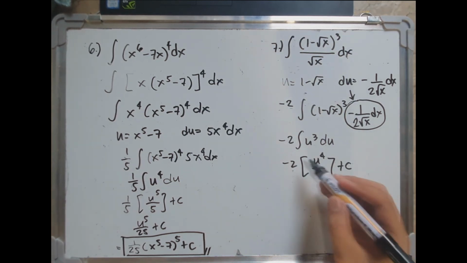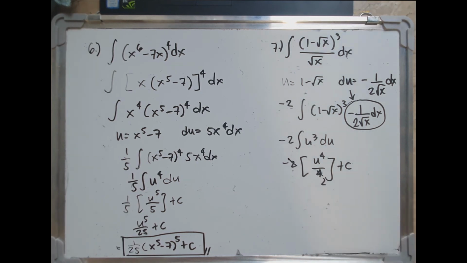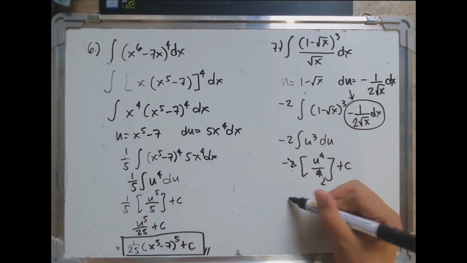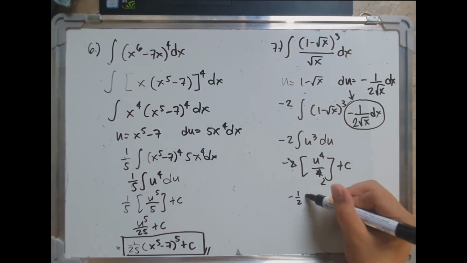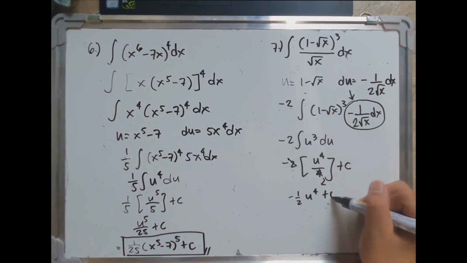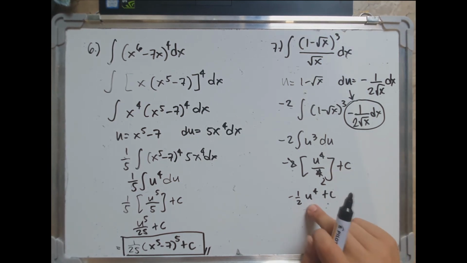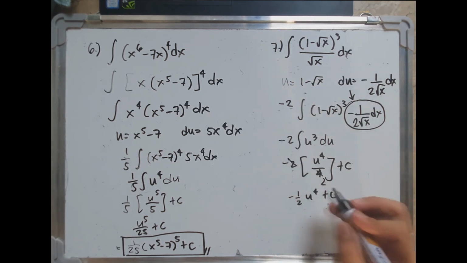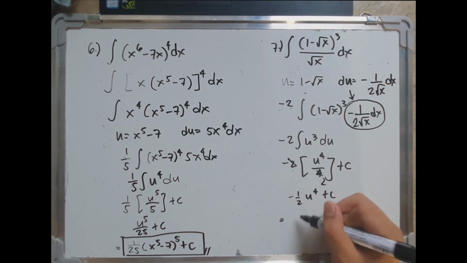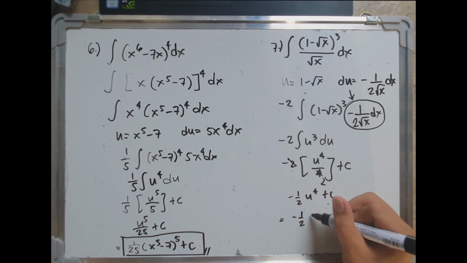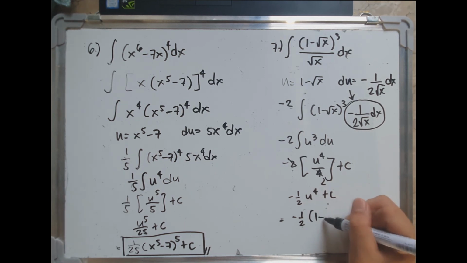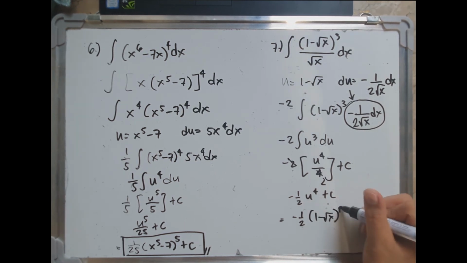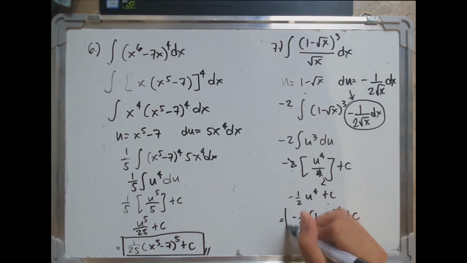Now 2 over 4, we have 2 for the denominator. The final answer will be negative 1/2 u raised to the power of 4 plus c. Now, bring back the value of the u, which is 1 minus square root of x. So we now have negative 1/2 times 1 minus square root of x raised to the power of 4 plus c.